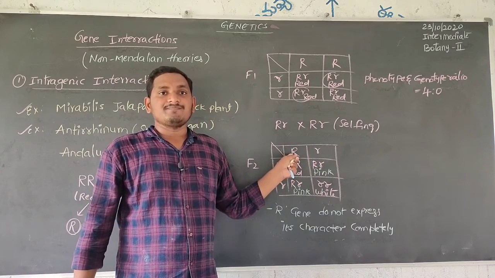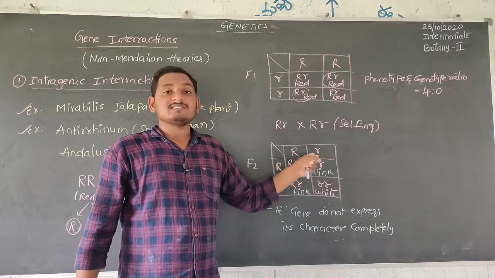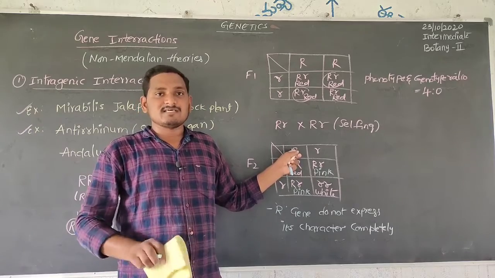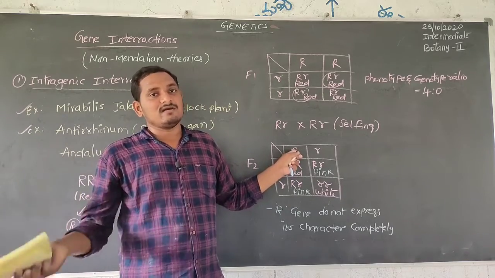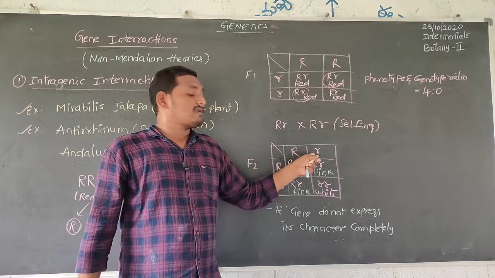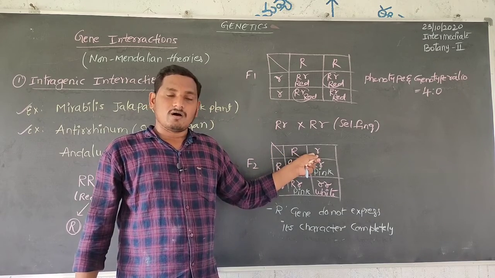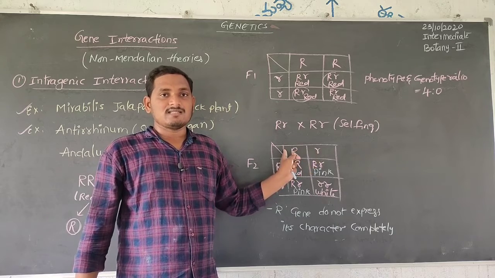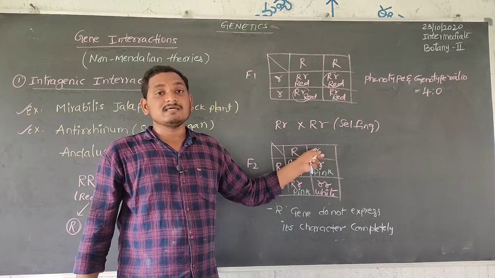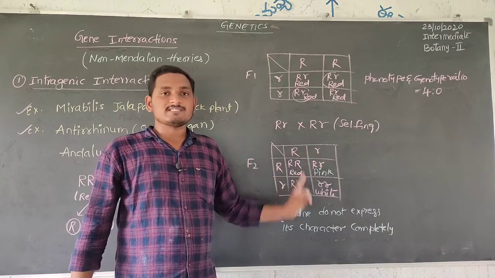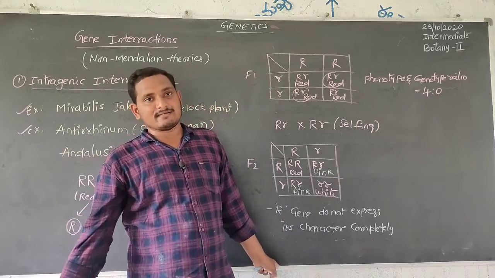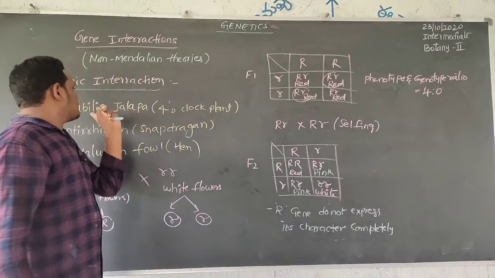Capital R means red; this red color gene only partially expresses its character and does not dominate the white gene completely. So the red gene expresses its character incompletely. That is incomplete dominance.